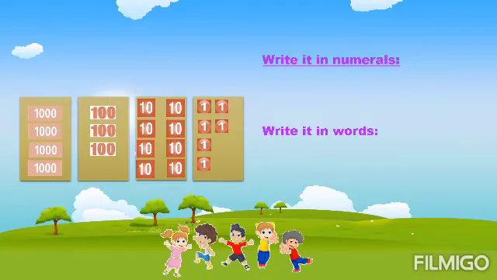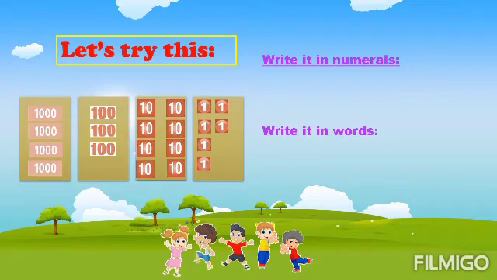So this is an activity, class. Let's try this one. Who can give me the answer for this? Can you tell me, class, the answer for this picture? The total of these numbers.